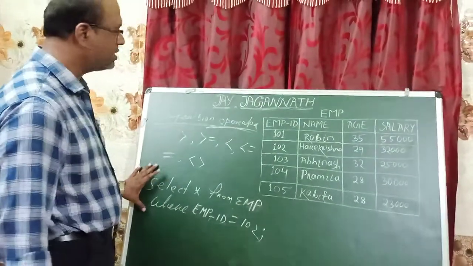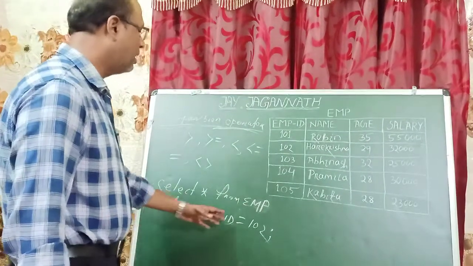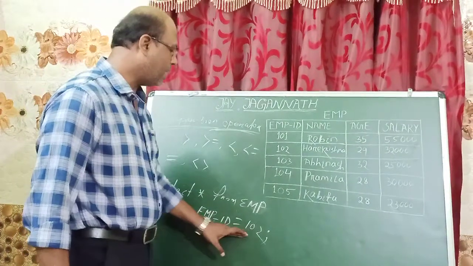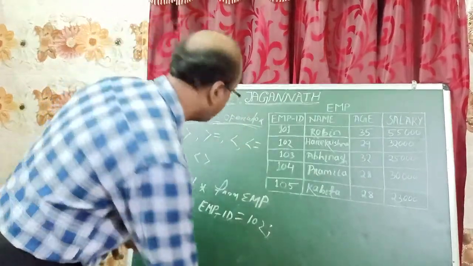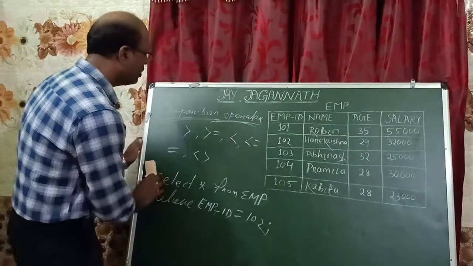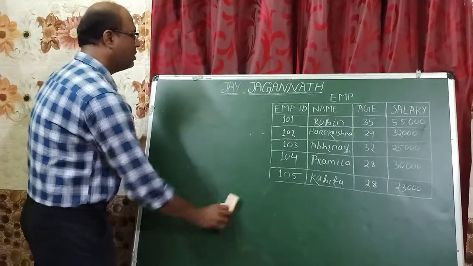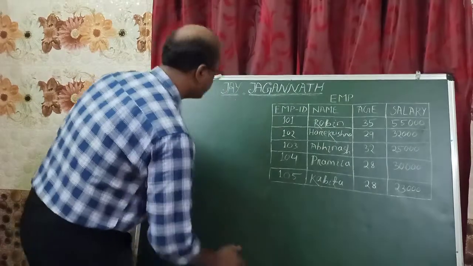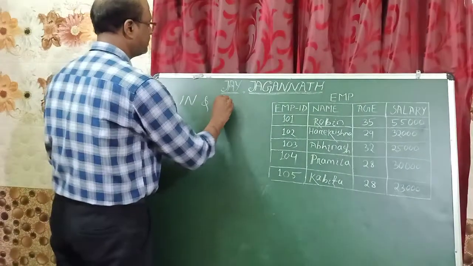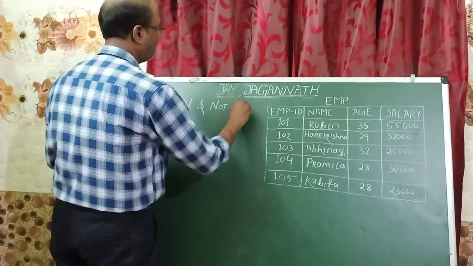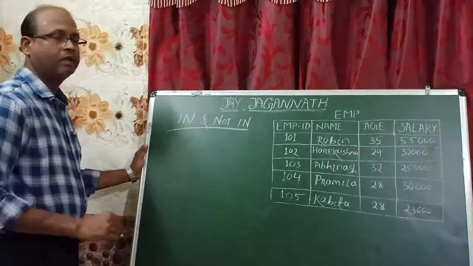So you have to follow this syntax: select column name from EMP where column name, comparison operator and value. This is the comparison operator you can also use in the where clause. And some other operators, like IN and NOT IN, can be used in the where clause.